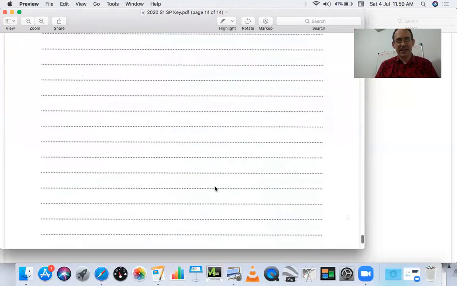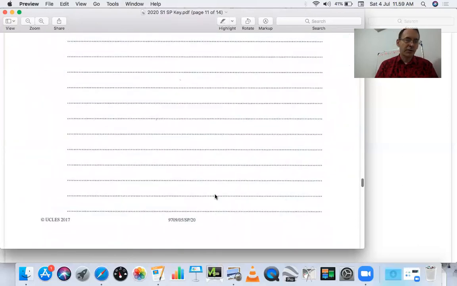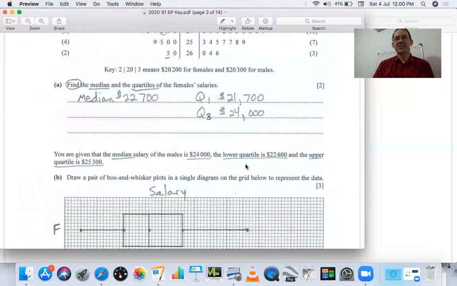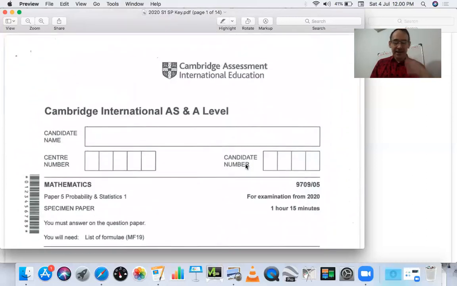That then is the end of the test. We've worked through the entire specimen paper. All the different question types are shown, and we went through, and I tried to remind you of things that we learned in the video series for statistics. So I hope that helps you. Again, pay attention to your time. You need to be able to do it in 1 hour and 15 minutes.